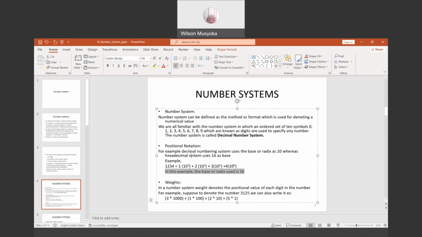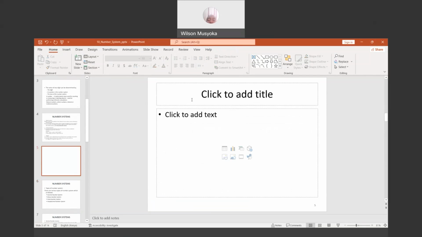So a decimal number system will have 10 digits, and we have several types of number systems. We could talk of the decimal, which we have said has 10 digits. We have the binary numbering system, which has 2.